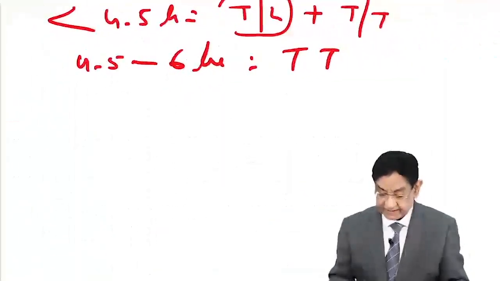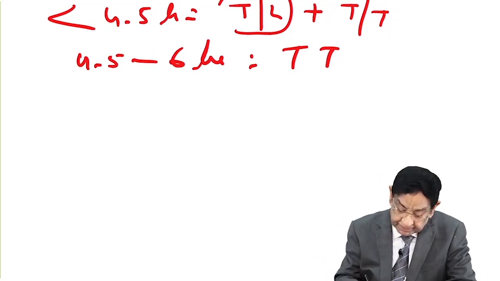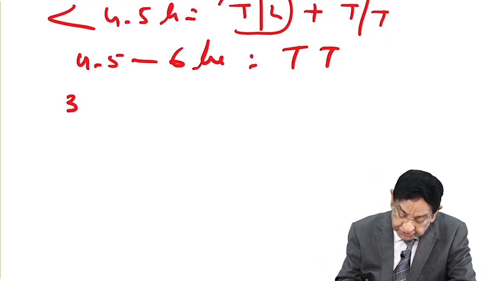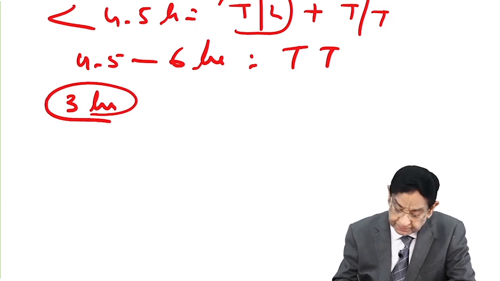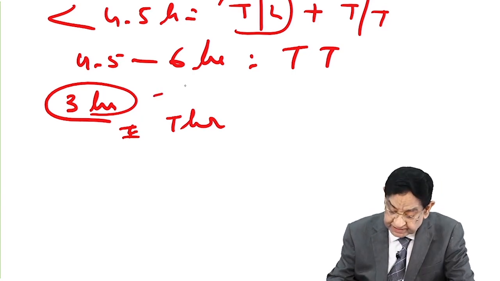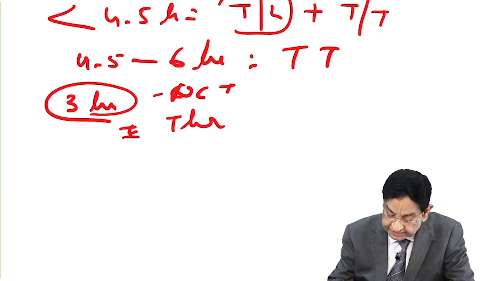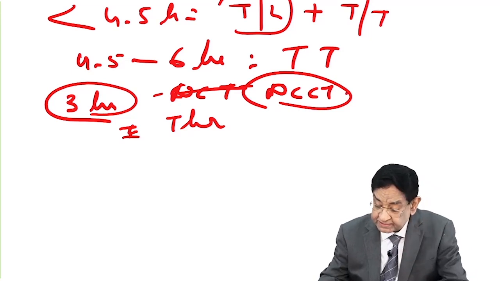Let's come back. Let us say patient has come to me after 3 hours of stroke. So I will give thrombolysis. Of course, first I've done non-contrast CT scan. And it is normal.